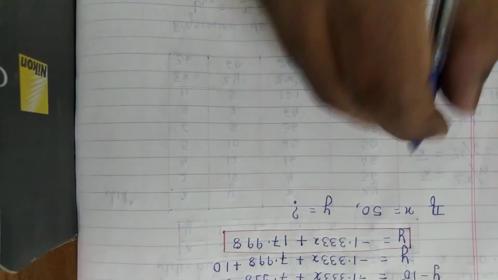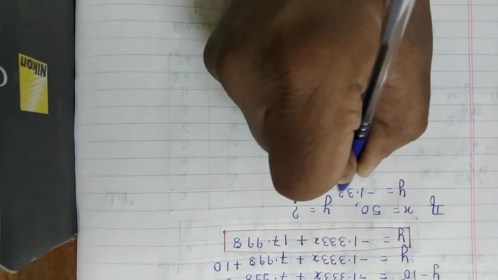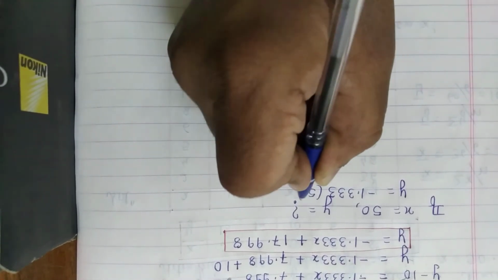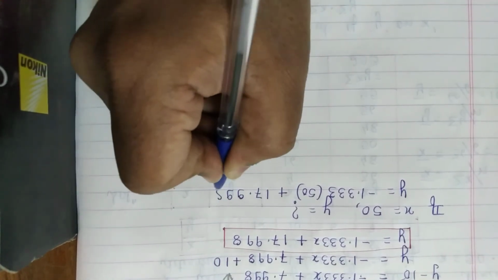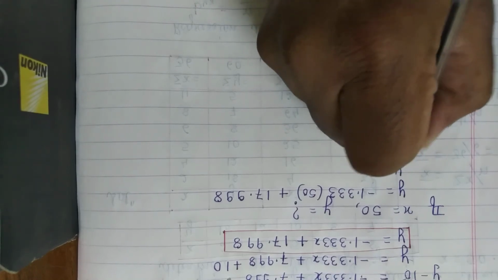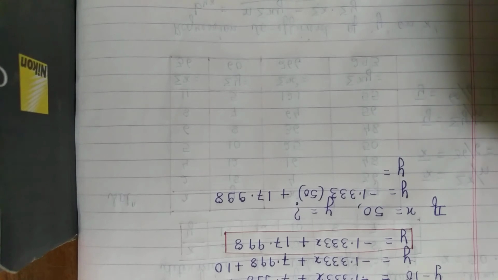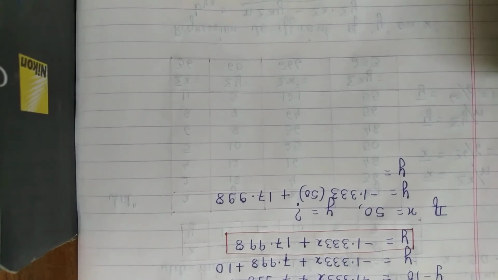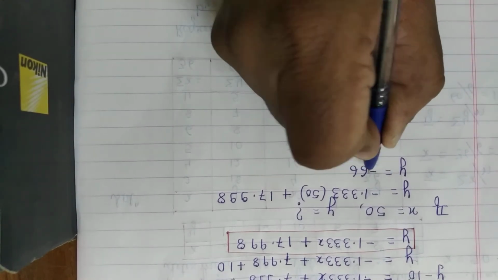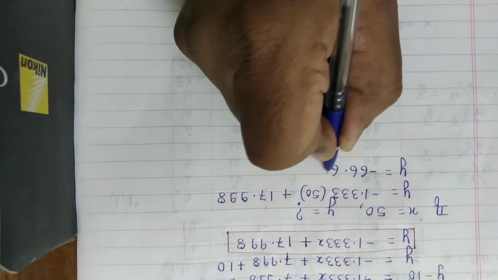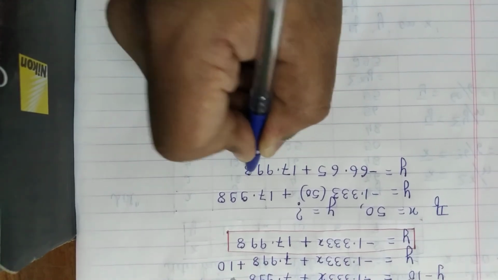So substitute x, y equal to minus 1.333 into 50 plus 17.998. So y equal to minus 66.65 plus 17.998.